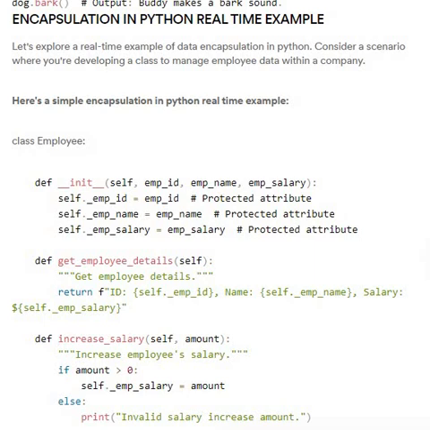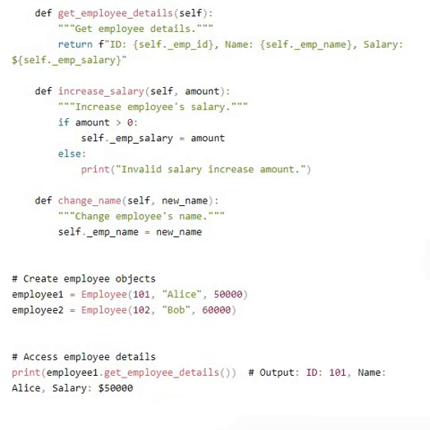So we have a real-time example here. We are deploying a class to manage employee data within a company. The class name is Employee. Look at the attributes we have: employee ID, employee name, employee salary, all three are protected. We have a method get employee details, a method increase salary, and a method change name. Now we created objects employee 1, employee 2.